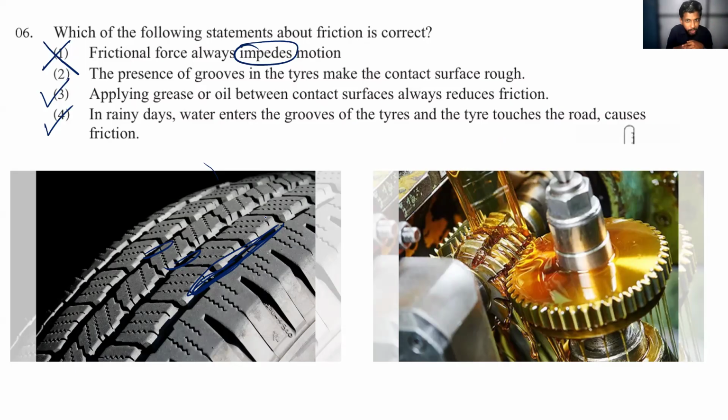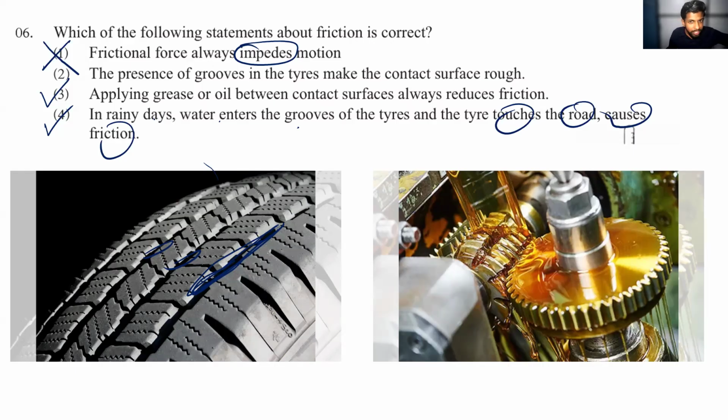So now the tire and the road will be in direct contact with each other. That is the explanation they have given in the fourth one. In rainy days, water enters the grooves. So the tire touches the road, causes the friction. So now the vehicle can be stopped easily.